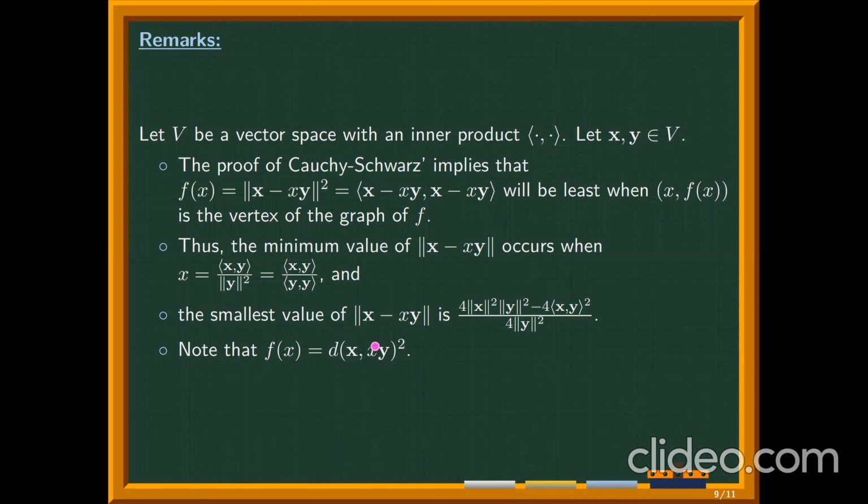But scalar multiples of y are the vectors that lie on the span of y. So these preceding remarks tell us that among the vectors in the span of y, the closest vector to x is given by the scalar multiple with coefficient equal to this quantity, inner product of x and y over the inner product of y with itself.